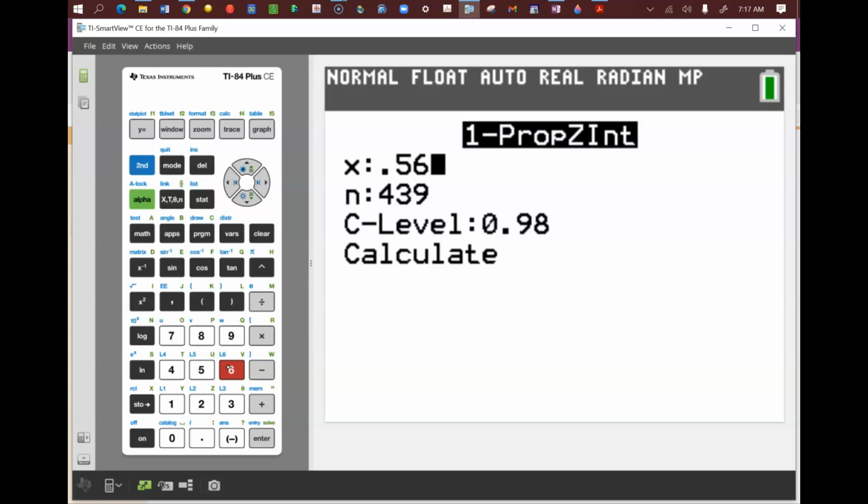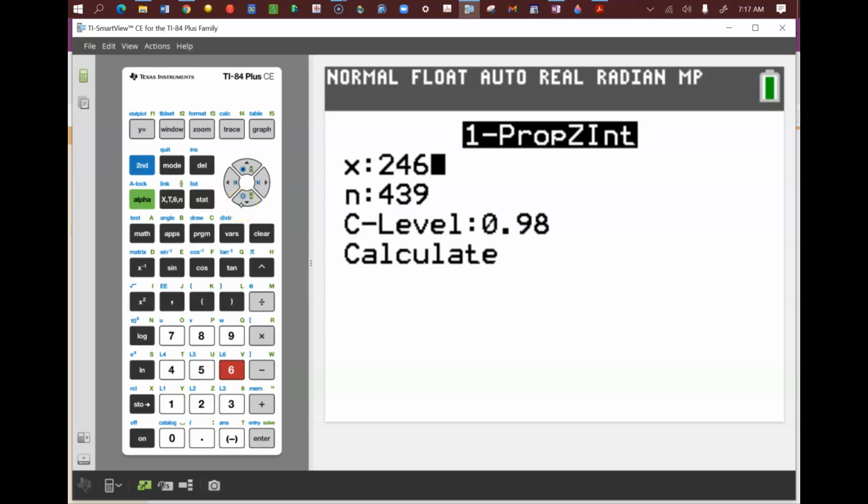I know some of you aren't fans of mental math, but here's a quick way to do this. Take that proportion and multiply it times the sample size, and do it right there. And if it comes up to be a number that's not a whole number, you're going to have to fix that. So what you do is you round to the closest whole number. So we had 245.84, which rounds to 246, which was our actual number of successes.